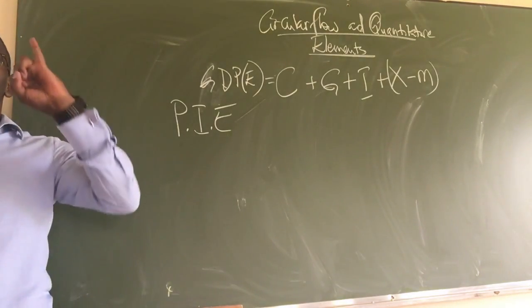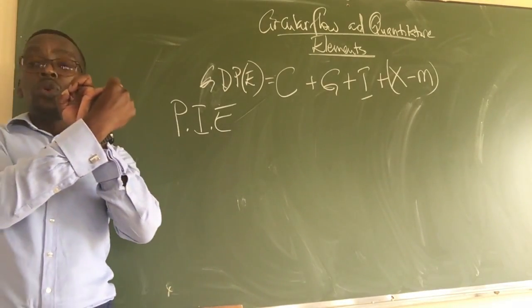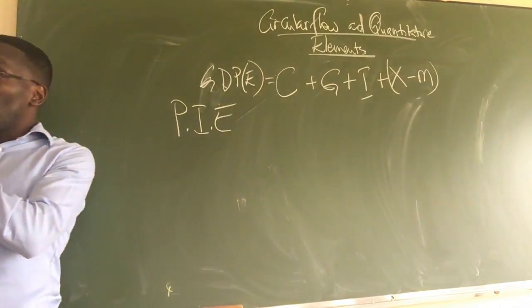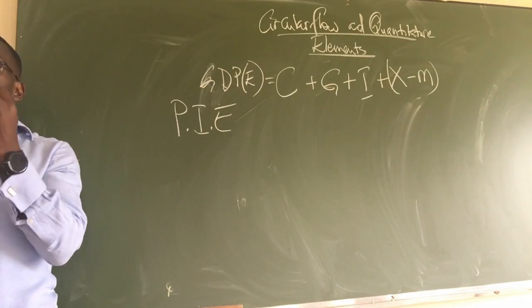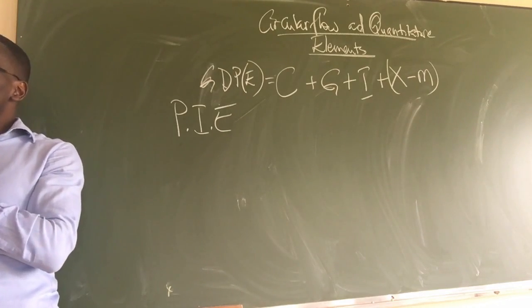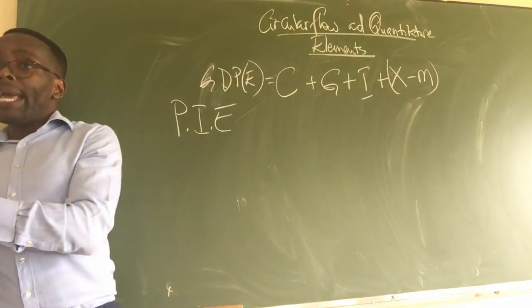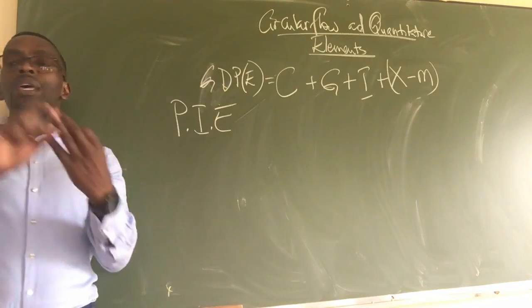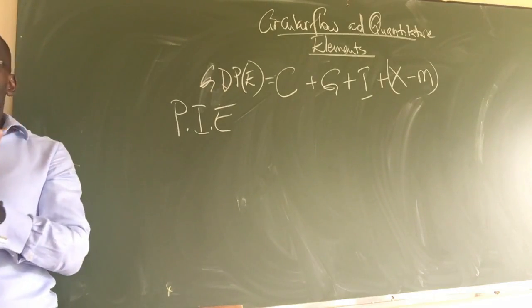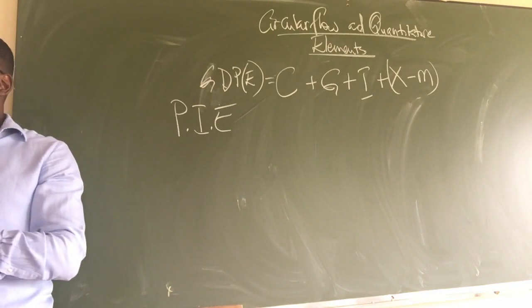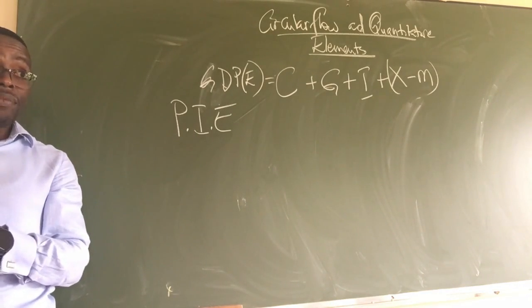So it helps us, one, to measure the level of economic activity. Number two, it helps us to measure the level of economic growth from 1 year to the other year. Three, it also helps us to determine the standards of living in a country.